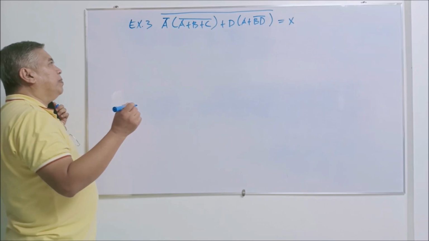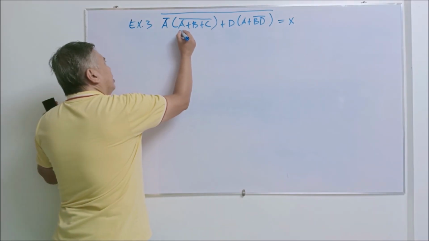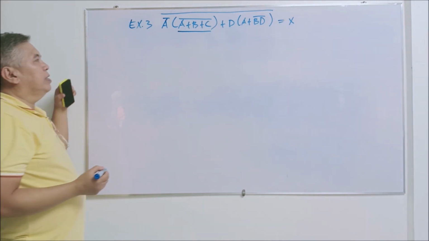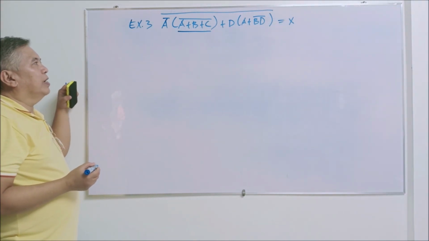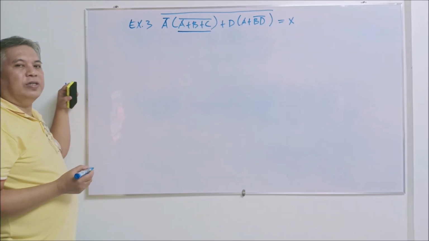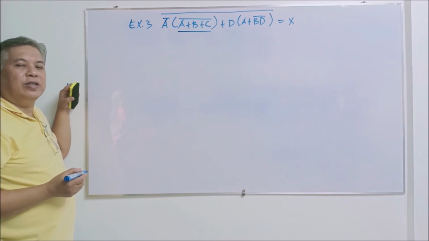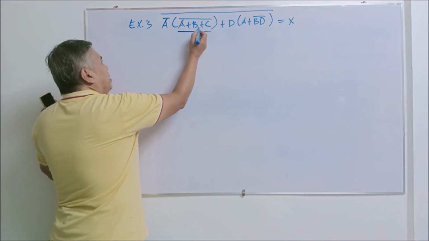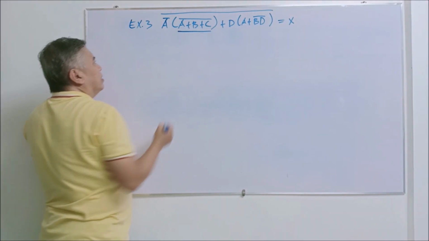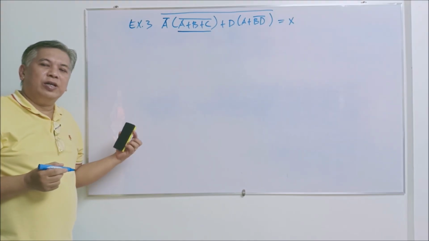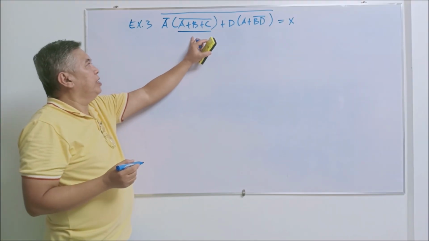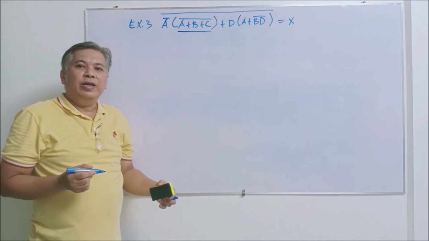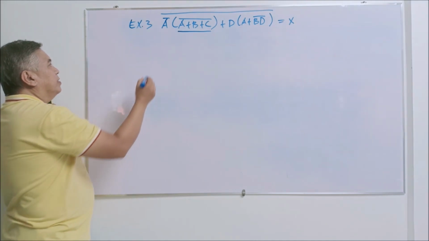So the first step that you should do is to consider representing the equation inside the parentheses with its logical circuit equivalent. So in this case, you have A plus B plus C complement.